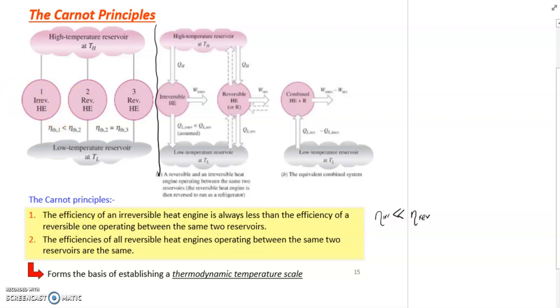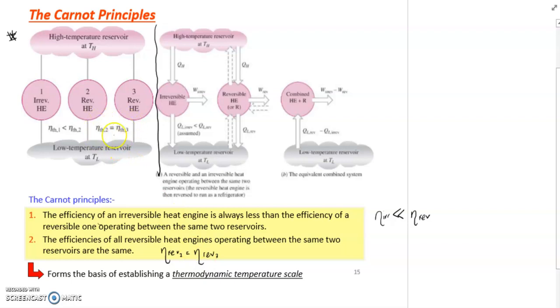These two principles relate to the diagram on the left side. Ignore the figure on the right side first. The second statement says that the efficiency of reversible heat engines operating between the same two reservoirs is the same, so the efficiency of reservoir 2 is equal to reservoir 3.